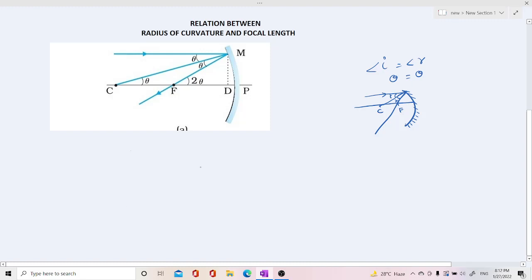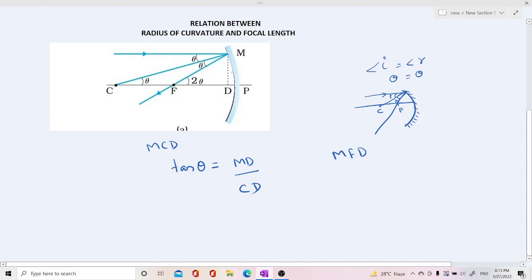And we are considering tan theta. Tan theta is opposite side divided by adjacent side. So in triangle MCD, tan theta is equal to MD divided by CD. And consider the triangle MFD.